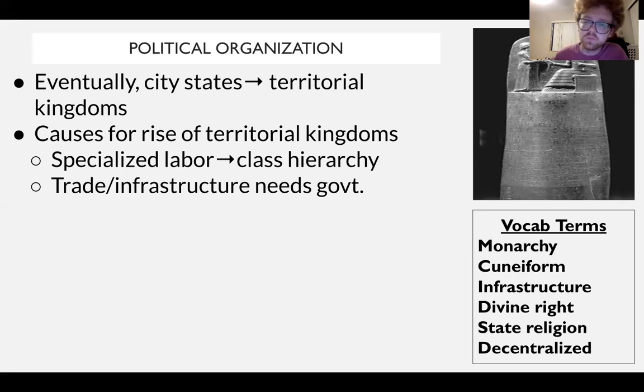Who's going to be in charge of building the roads, of maintaining a military? We need government. And how do we best govern? We best govern through the rule of one person. So in order to foster trade and have stable access to natural resources, we're starting to see the rise of centralized government.